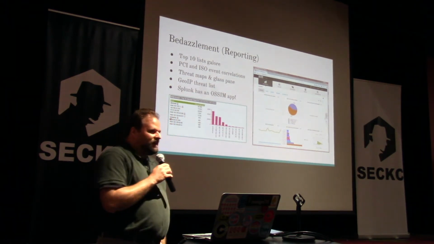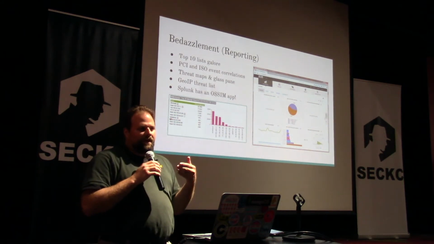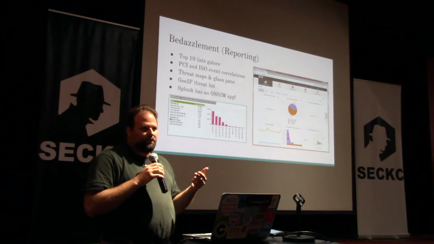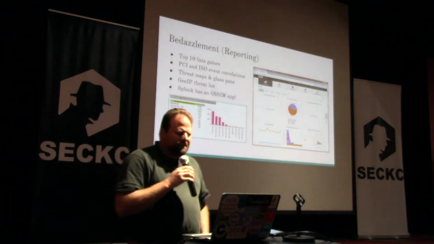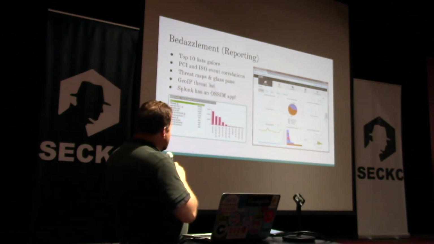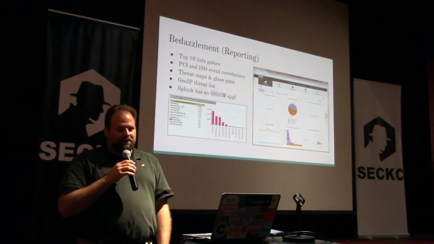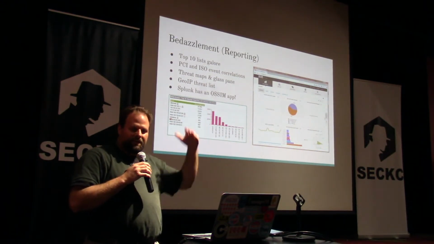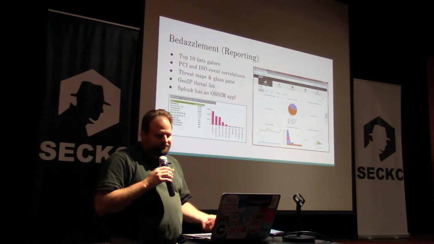It doesn't get into the nitty-gritty that security engineers are interested in: you're not looking for the most common stuff, you're looking for the rare stuff, the little blips on your radar. These top 10 lists are not always really effective, but they are very effective when you're trying to communicate to management and to your stakeholders, hey, this is what's kind of going on, and here's something out of the data that we've been collecting.